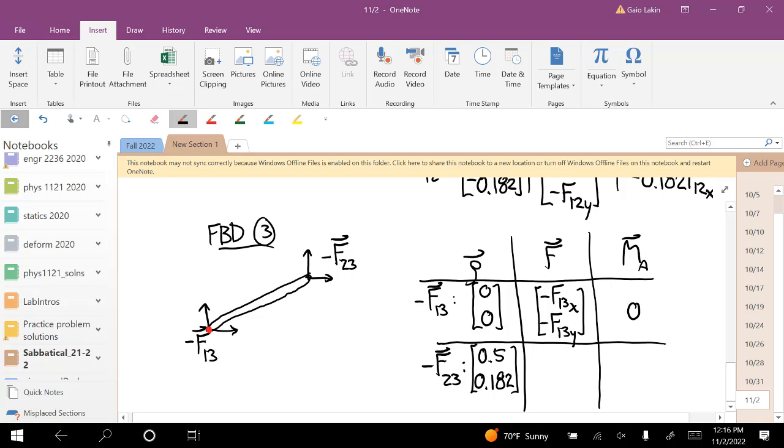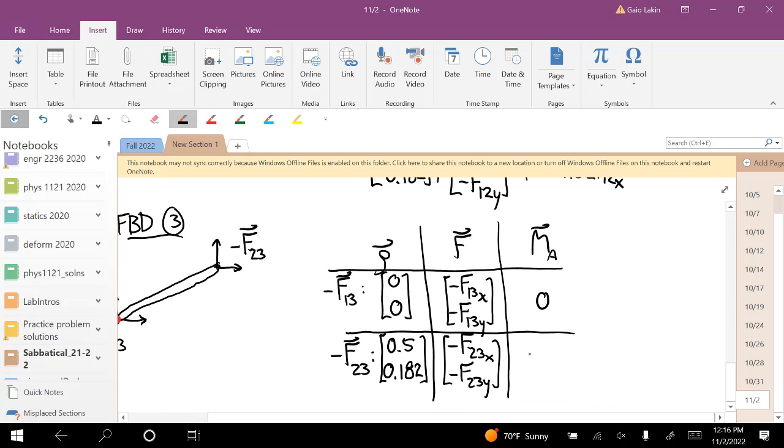The force is negative F23x, negative F23y. And then the cross product is negative 0.5 F23y plus 0.182 F23x.